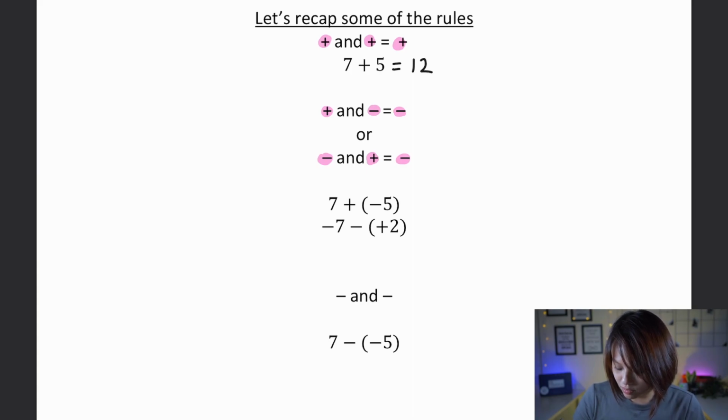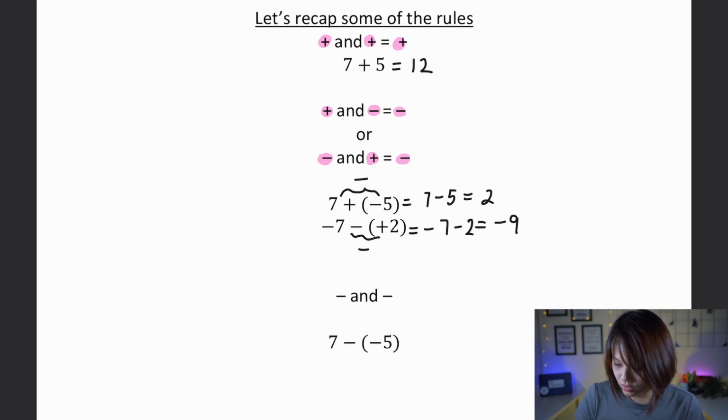Look at the example at the bottom: if you have plus 7 plus minus 5, there's a plus and a minus, so you can convert this to a minus. What we will have is 7 minus 5 equal to 2. Likewise, if you have a minus and a plus, you'll get a minus. So it will become minus 7 minus 2, which gives you minus 9.